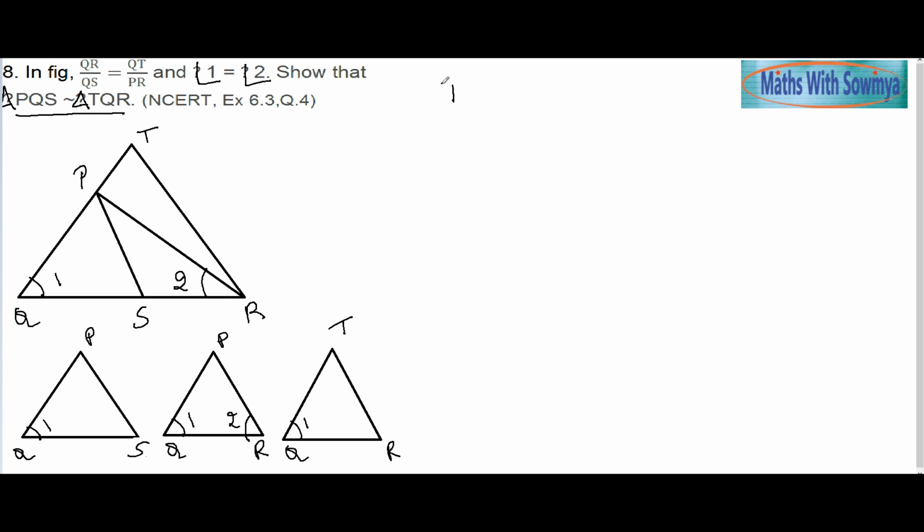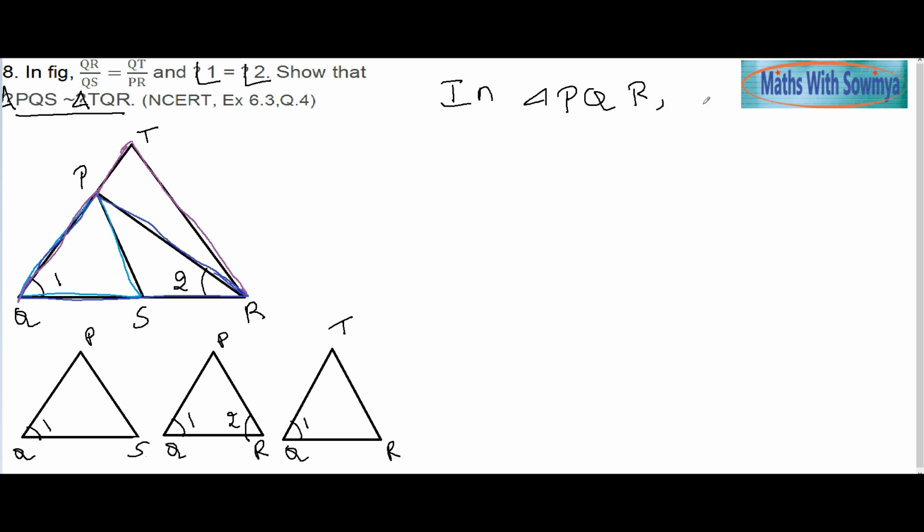Now, first I pick PQR, this particular triangle, so you people can see. And the next one is this dark blue one, and the last one is this bigger triangle. Now I have taken this middle one, which is PQR.